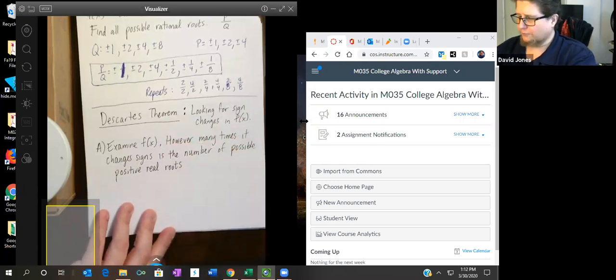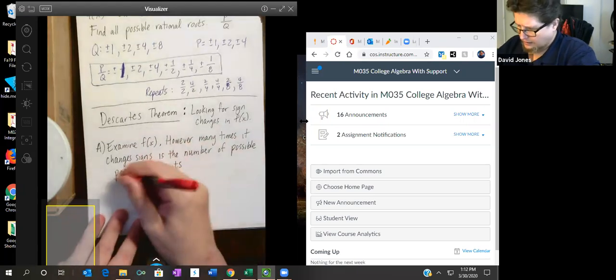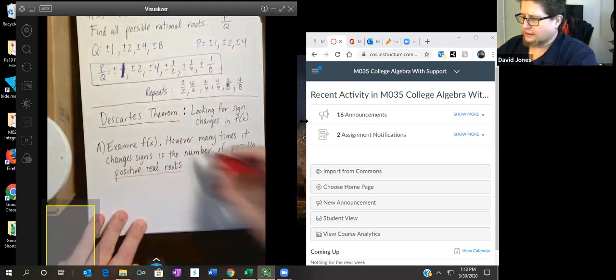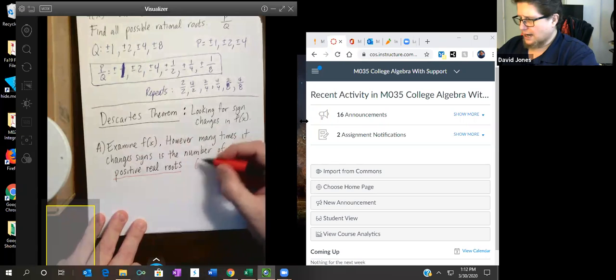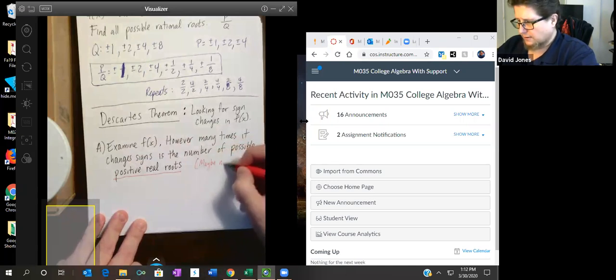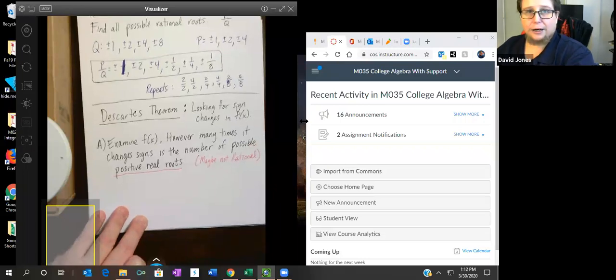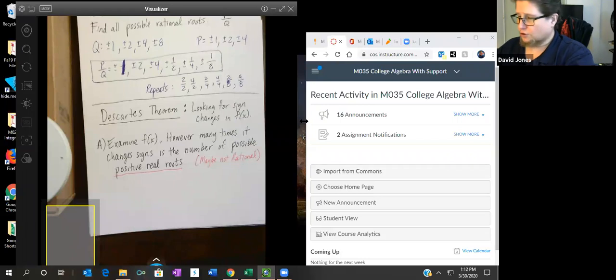So positive and real. Maybe not rational though. We might have irrational numbers that are positive, but they'll still be real.